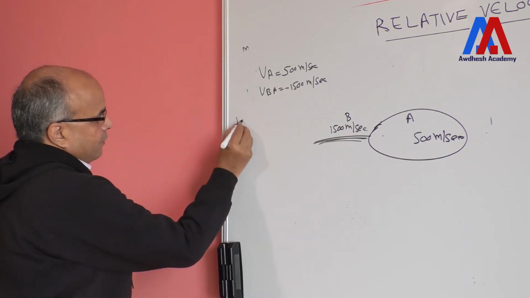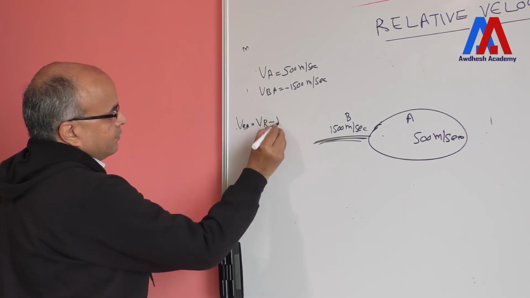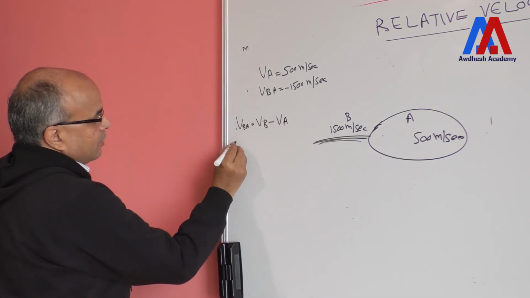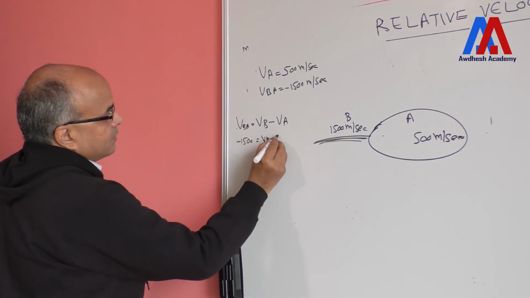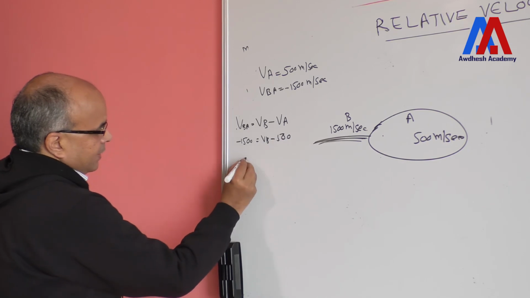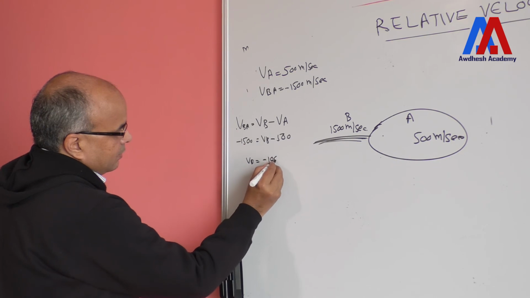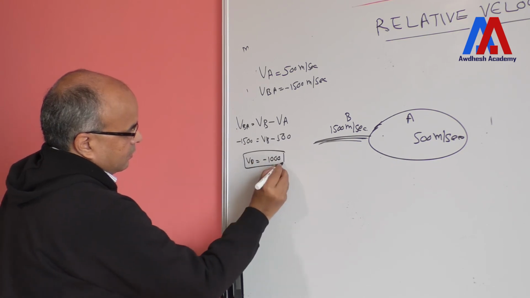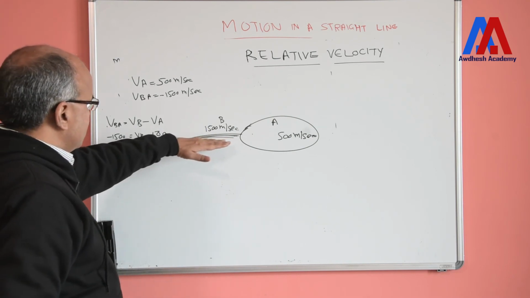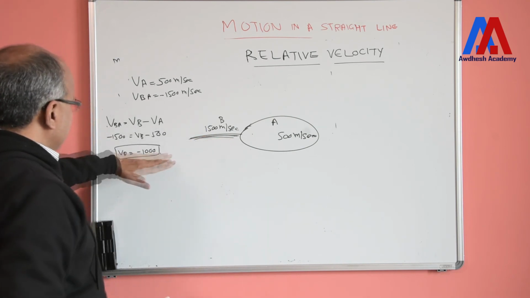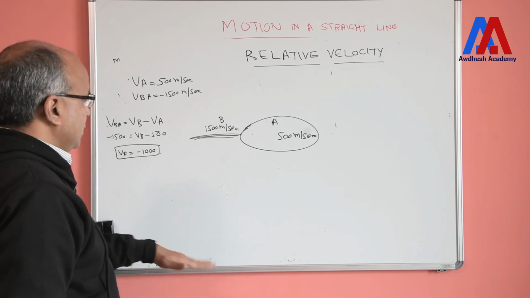Now we know the formula VBA is equal to VB minus VA, and therefore minus 1500 is equal to VB minus 500, and so VB will be equal to minus 1000. So we know that the velocity of B, that is the combustion material, will be 1000 meter per second in the absolute sense, that is with respect to the ground.